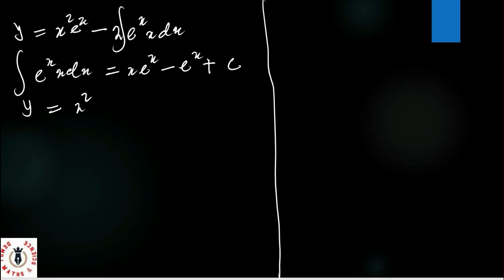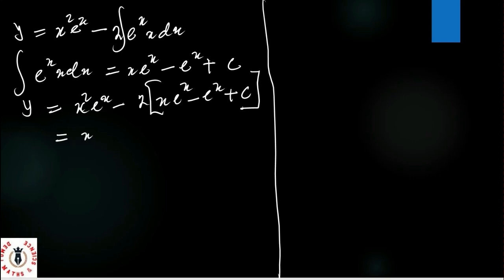x squared e raised to power x minus 2 times x e raised to power x minus e raised to power x plus c. This is equal to x squared e raised to power x minus 2x e raised to power x plus 2 e raised to power x, plus c.